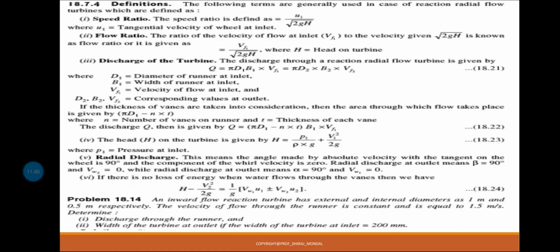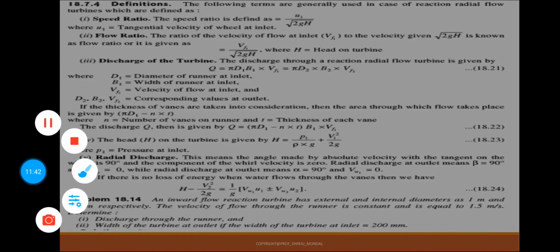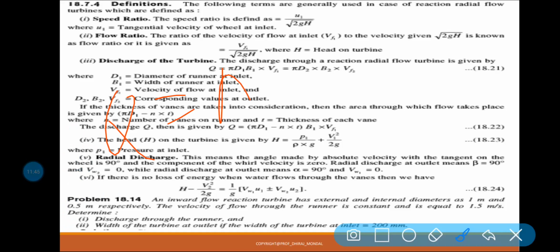Now you can see the discharge of the turbine is Q equal to area into velocity of flow.